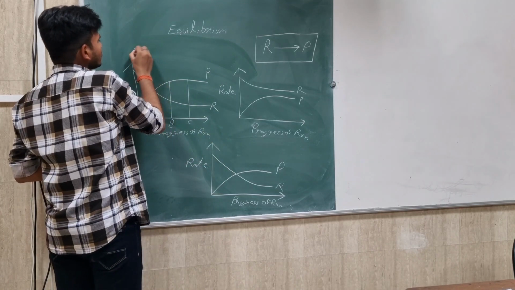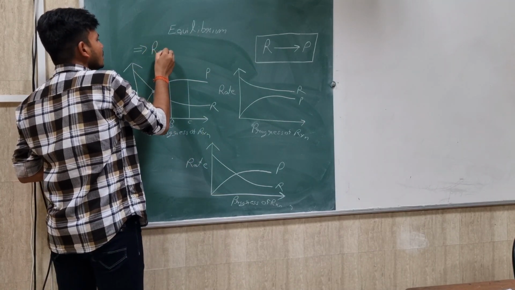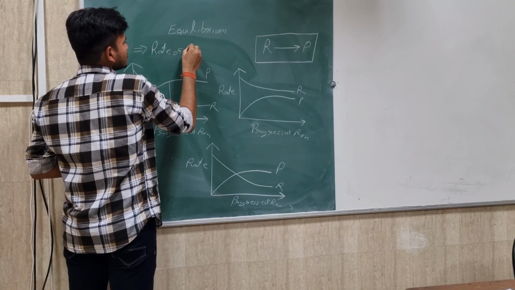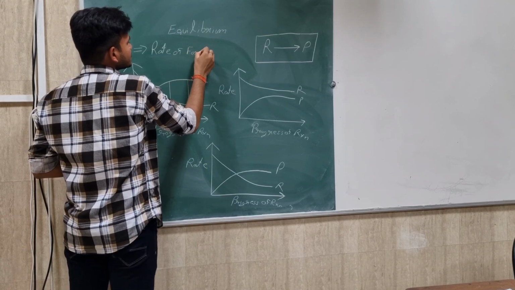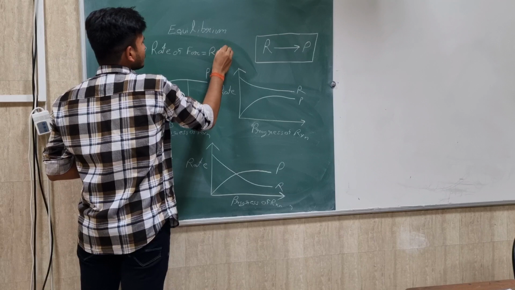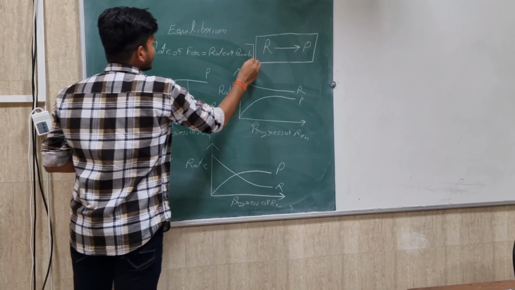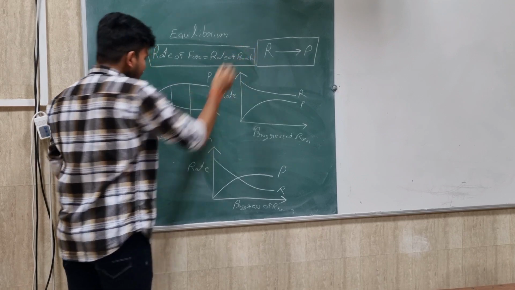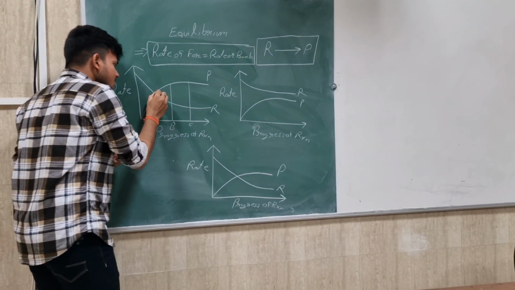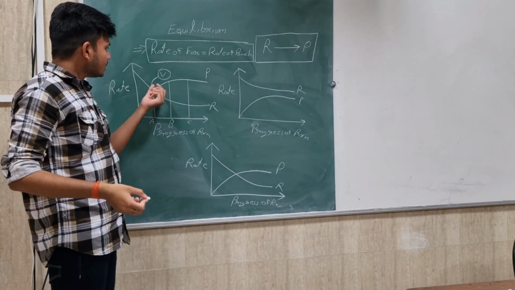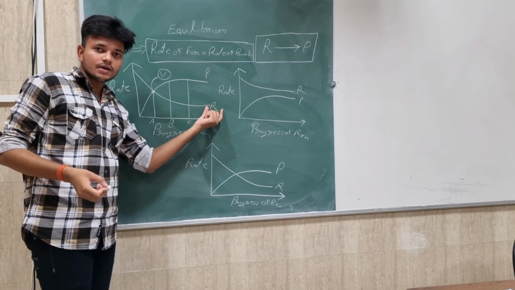What is the equilibrium? Equilibrium is the rate of forward reaction is equal to rate of backward reaction. In terms of rate, here we can achieve the equilibrium point. Why? Here the rate of product is equal to rate of reactant.